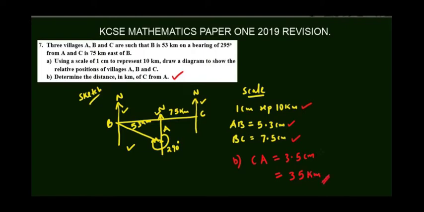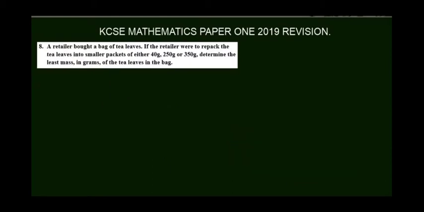Remember, in an exam situation, because it's a construction and prone to little errors, we can have an allowance of 0.1 centimeters. So that's it for that number.